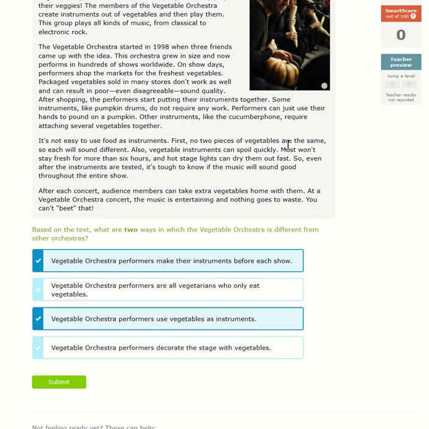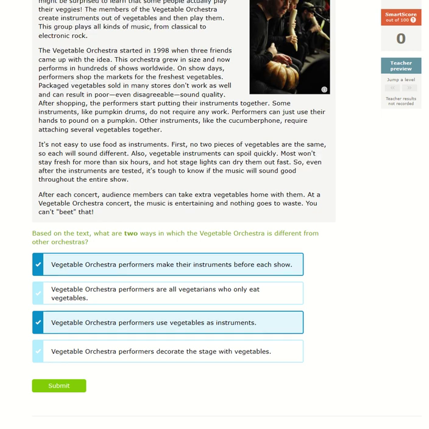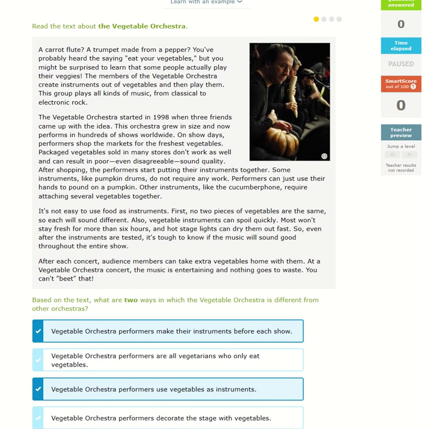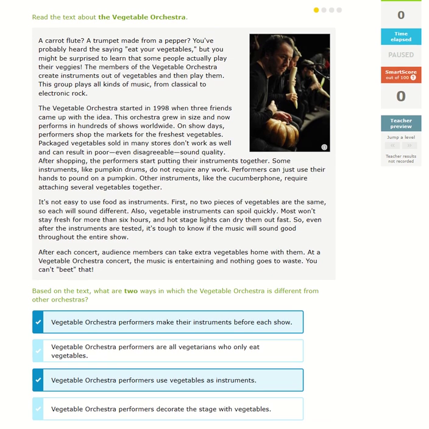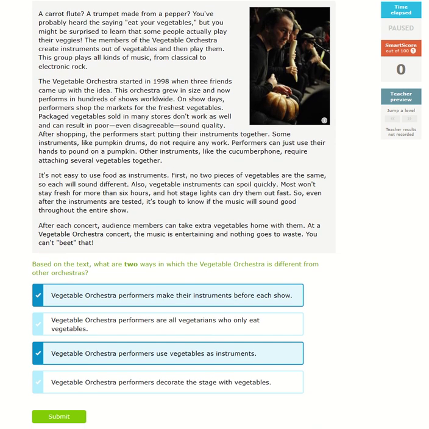It tells us that in the text, but I am going to read the last one because I want to make sure that I have the right answers. Vegetable orchestra performers decorate the stage with vegetables. I don't remember the text saying anything about that. It does talk about how the lights can dry out the vegetables, but it doesn't say about decorating.